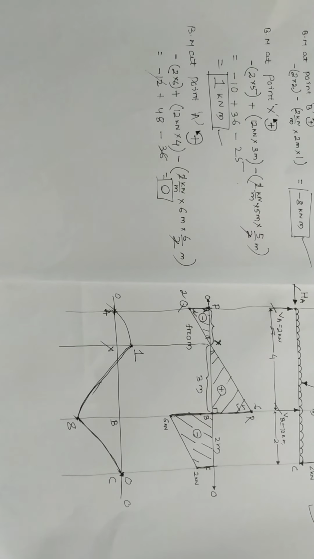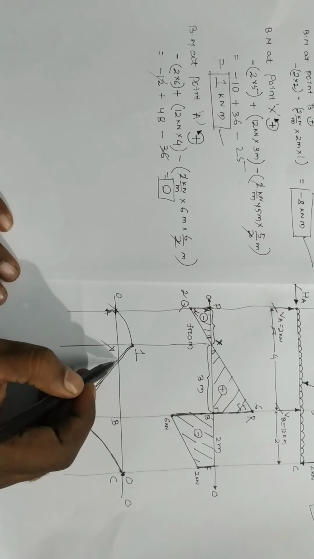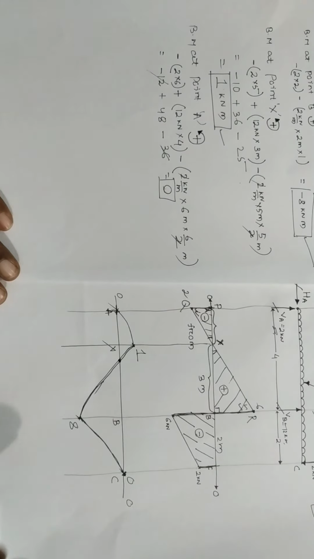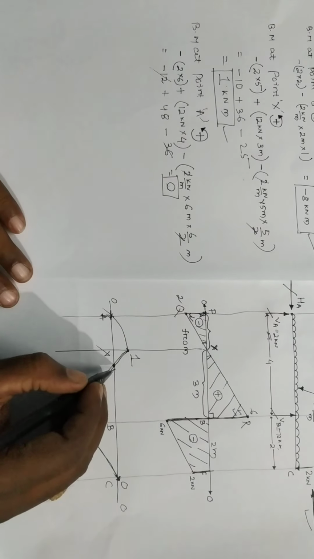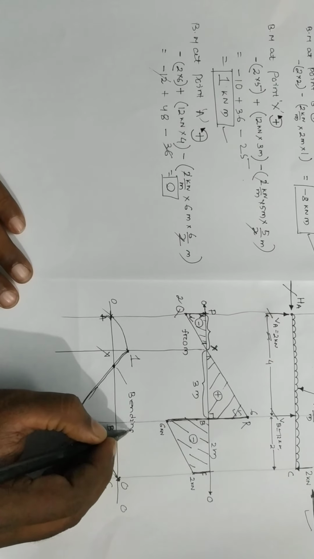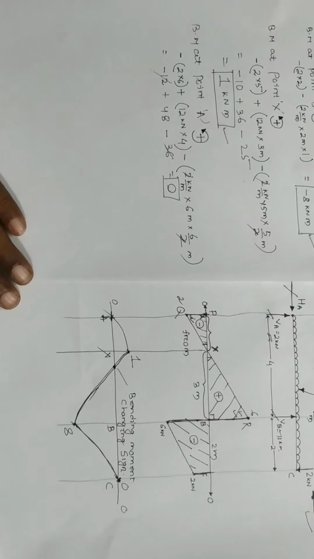So one new thing comes into play. As you people have seen, here the shear force is changing. Here also a new point is coming. The bending moment is also changing sign. What I can write? The bending moment changing sign.